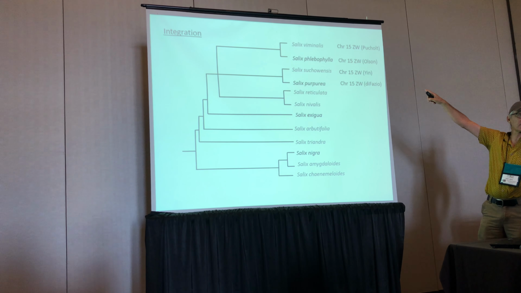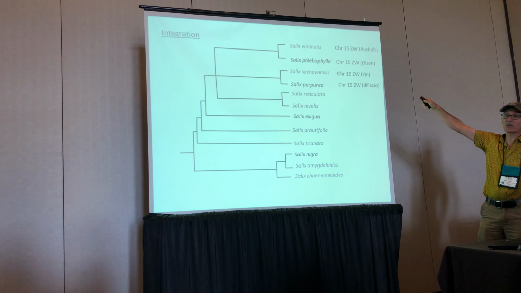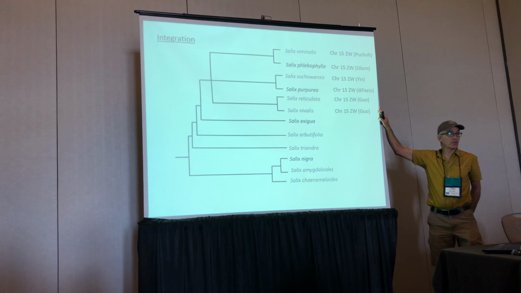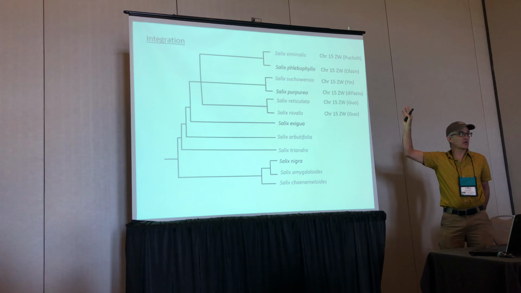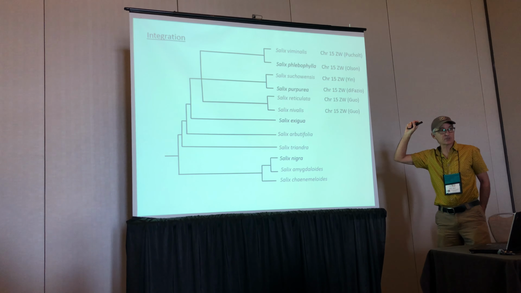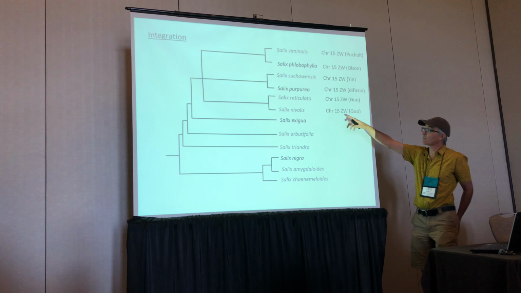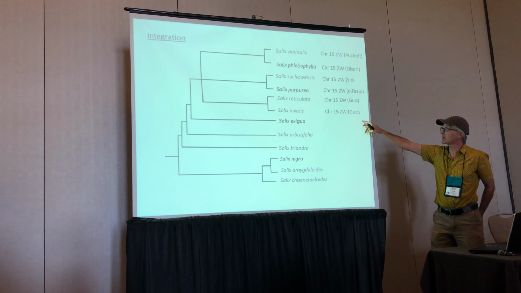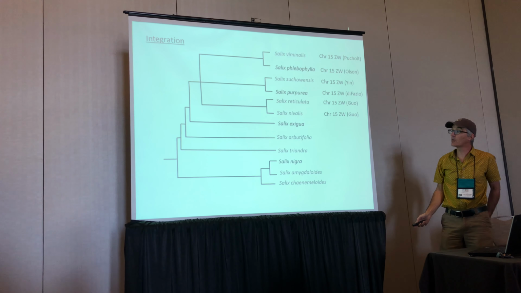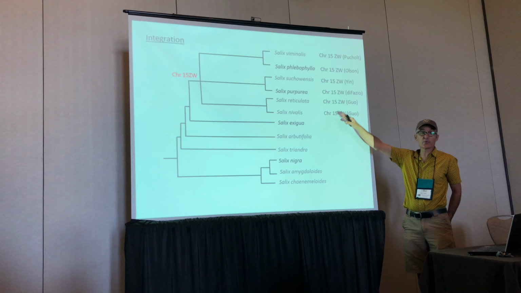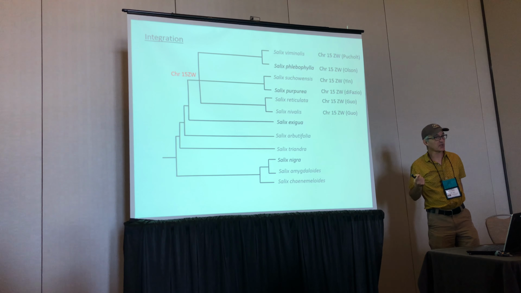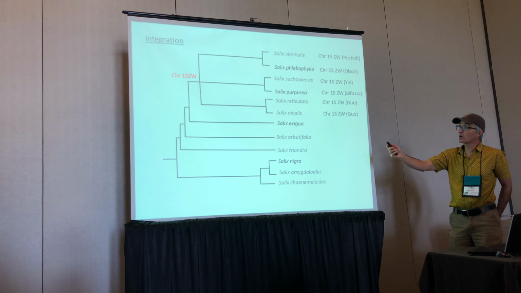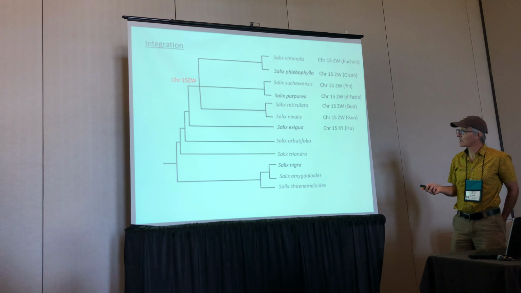Salix viminalis was mapped by a European group, that's also 15 ZW. If you were able to see Minghao Guo's poster last night, you would have seen that he's mapped sex determination in Salix reticulata and Salix nivalis, and both of those are chromosome 15 ZW. And so this whole crown group, which includes the subgenus Vetrix and the subgenus Chamaetia, is all chromosome 15 ZW.